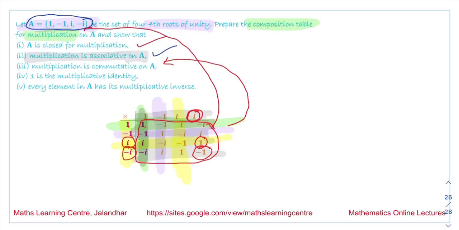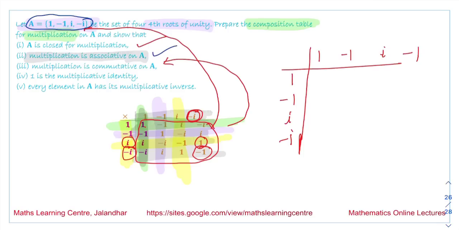Next, 1 is the multiplicative identity. We have to prove that 1 is the multiplicative identity. So I'm again drawing this table over here, with elements 1, minus 1, iota and minus iota along the row and the column. Then we are talking about the multiplicative identity.